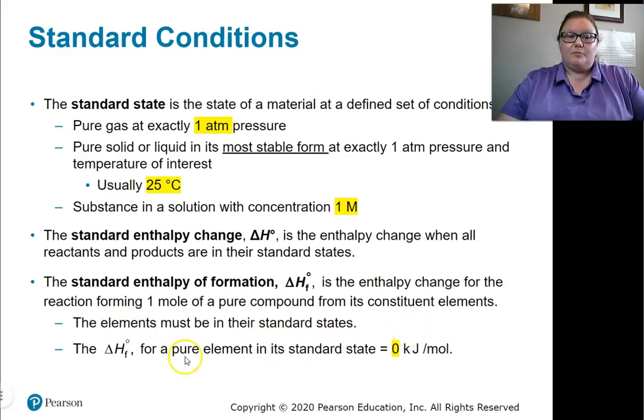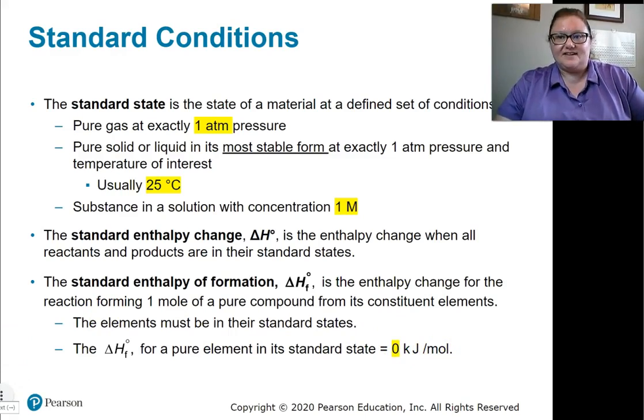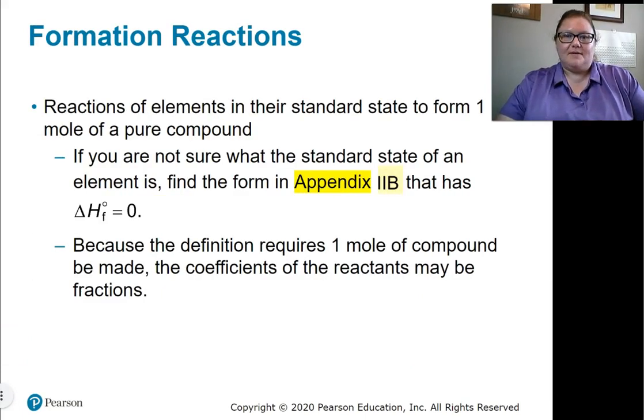For a pure element in its standard state, we have a definition here. It's always going to equal delta H f naught, 0 kilojoules per mole. You'll see that for elements when you look at them in that appendix data table. In our textbook, it's called Appendix 2B.